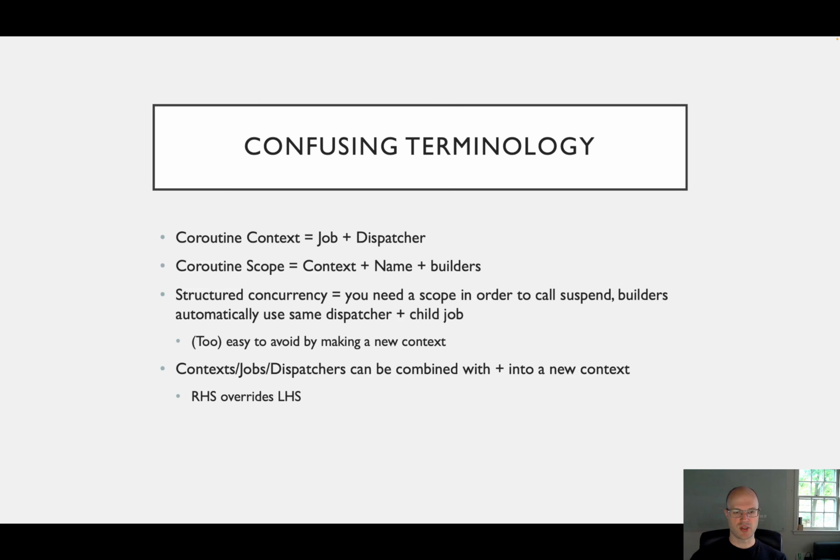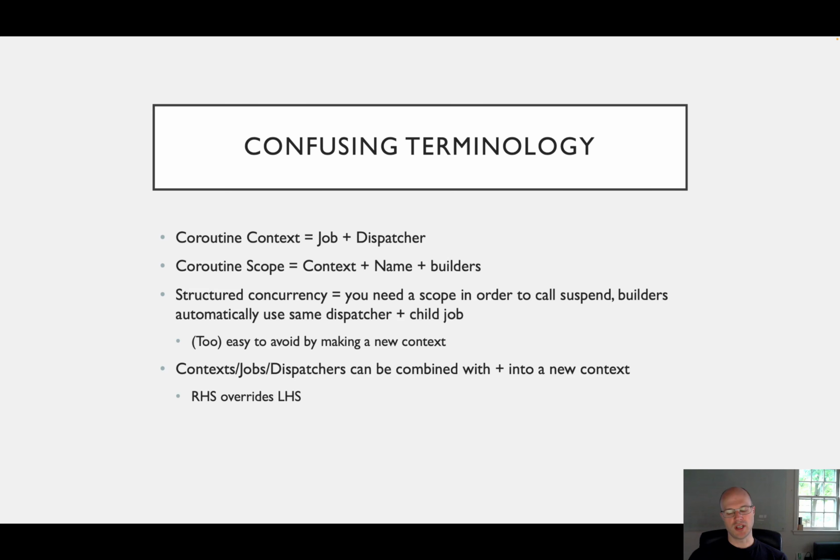So I can say job plus dispatcher, and since those are two distinct pieces, it'll give me a coroutine context with that job and that dispatcher. Or I can say context plus job, and then it's going to say, okay, take the dispatcher from the left and then override the job from that context with this new job that I've put on the right.